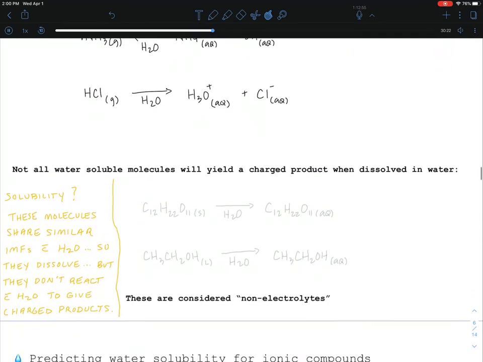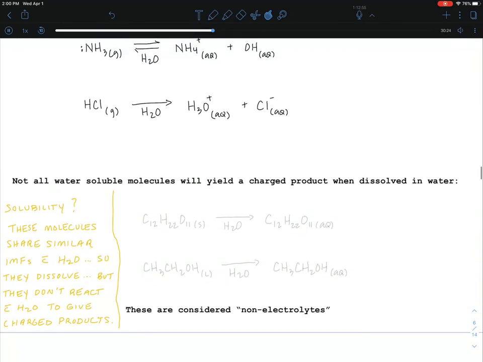So for example, what if I were to take, say, table sugar, sucrose, right? I'll just use the molecular formula for this because sucrose takes up some space. So table sugar is going to be put into a glass of water.